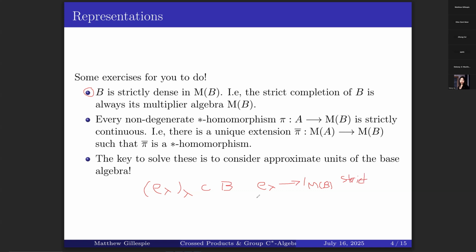That should be relatively simple based upon the definition of what an approximate unit does, and that should hopefully get you started on this problem. It isn't too hard to see that this is true.